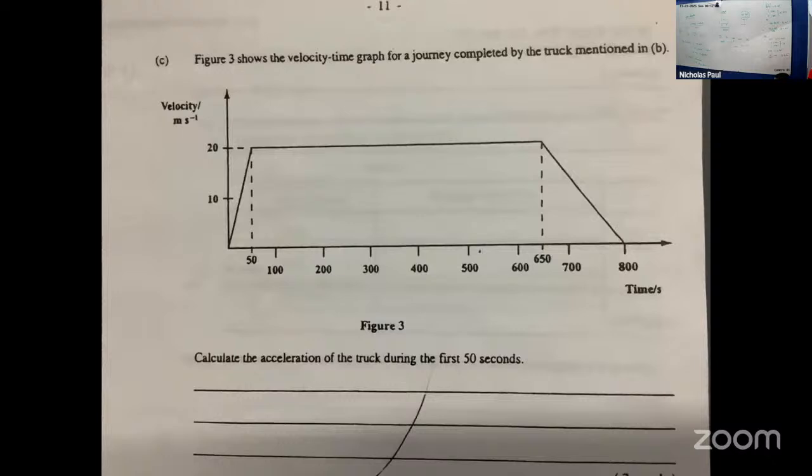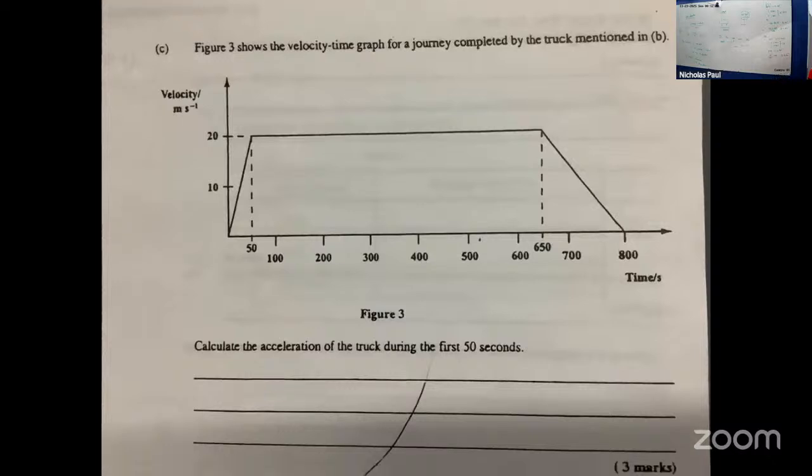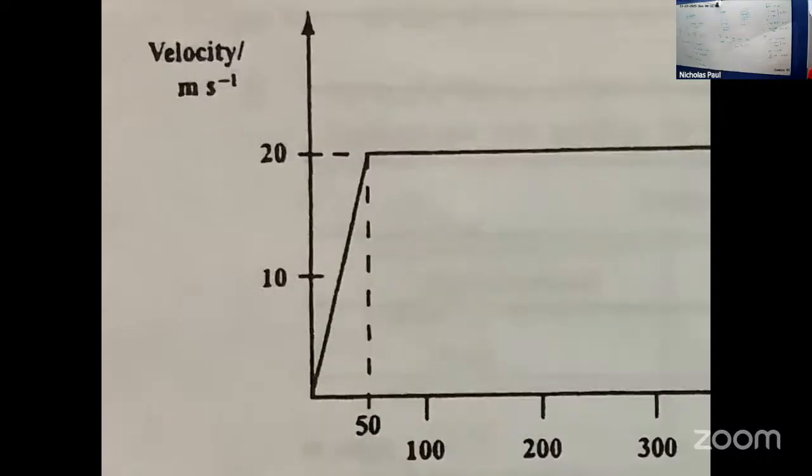All right, so here's a graph now. That's the graph of the journey. I don't want to draw the graph. I'll zoom in a little bit.